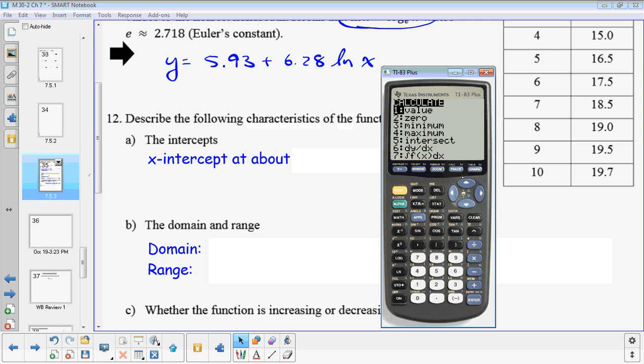And we can calculate that 0. Here I can see my y is negative, so I know I'm below the x-axis. That'll be my left bound. Now my y is positive, and I can guess there, and I get 0.38896. Everybody getting that?